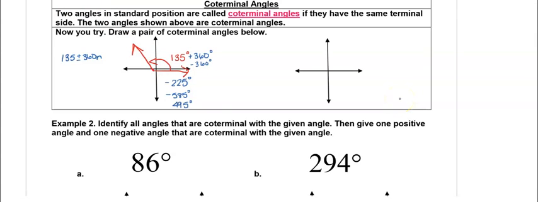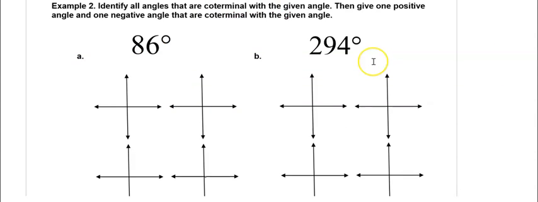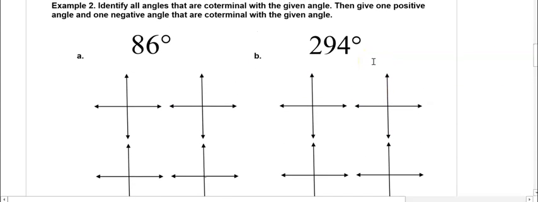Right here in this example it says identify all angles that are coterminal with the given angle. Maybe if this will scroll, it's giving me a hard time. Okay, I got it to cooperate. It says we need to identify all angles that are coterminal with the given angle, then give one positive angle and one negative angle that are coterminal with the given angle.